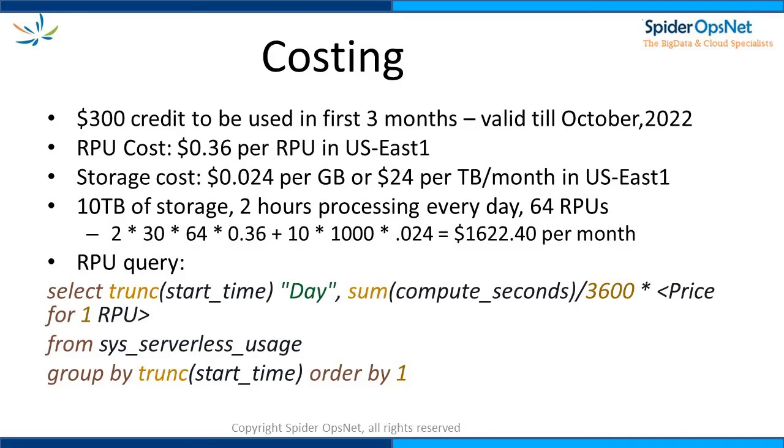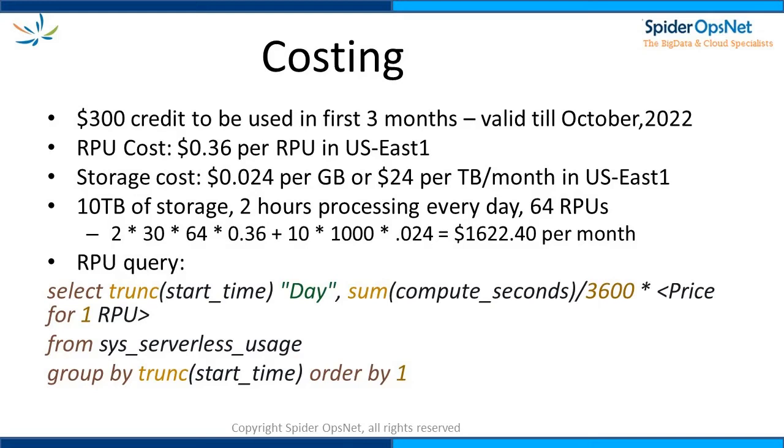The processing cost is $0.36 per RPU hour in the US East 1 region. This service is not currently available in all the regions and you may want to check if it is available in your region or provision the service only in the available region.